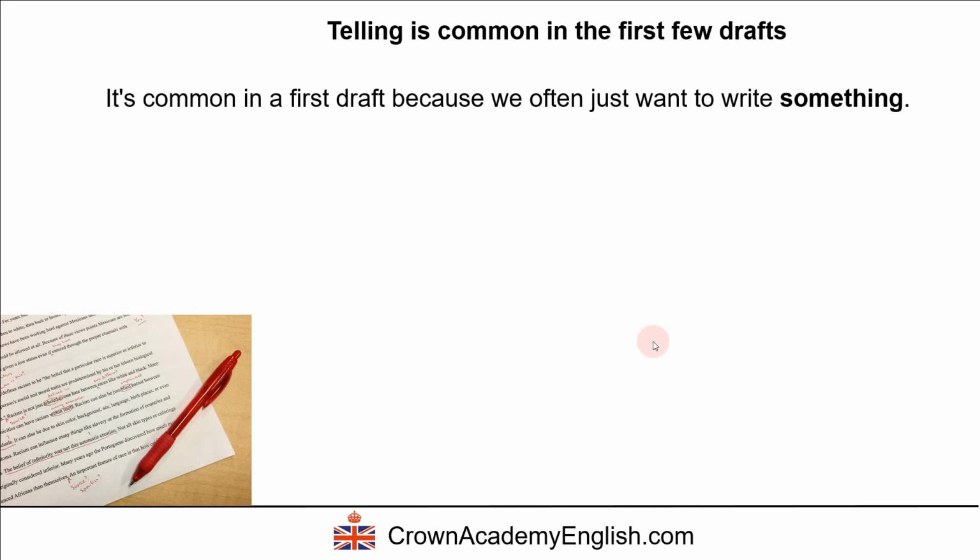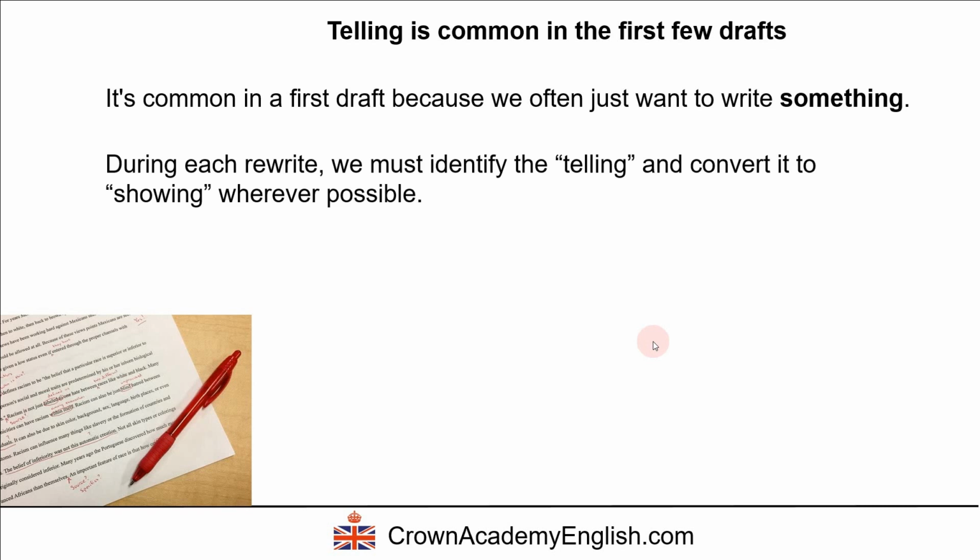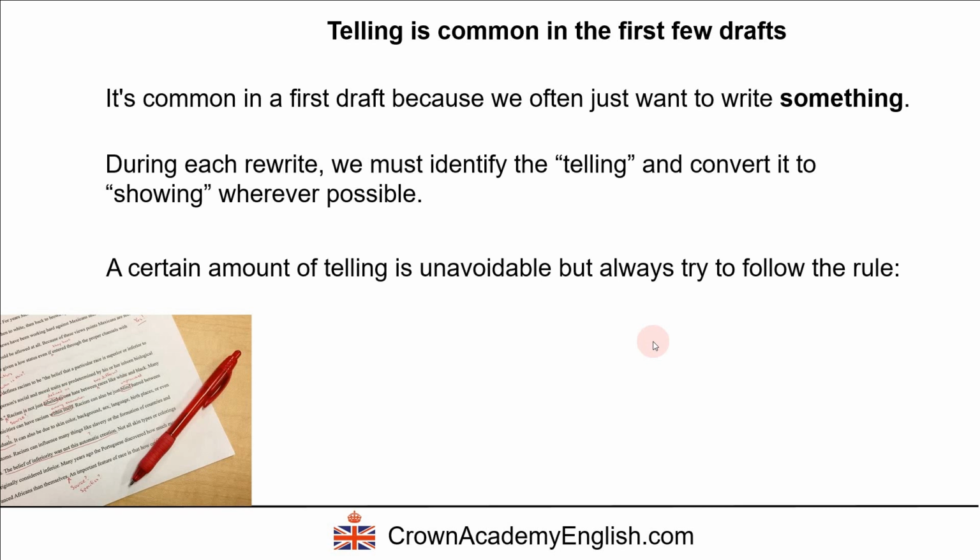It's common in a first draft because we often just want to write something. During each rewrite, we must identify the telling and convert it to showing wherever possible. A certain amount of telling is unavoidable, and it is fine, but always try to follow the rule: show, don't tell.